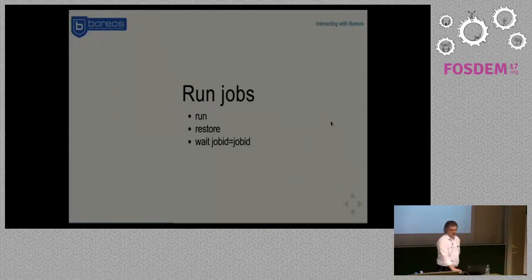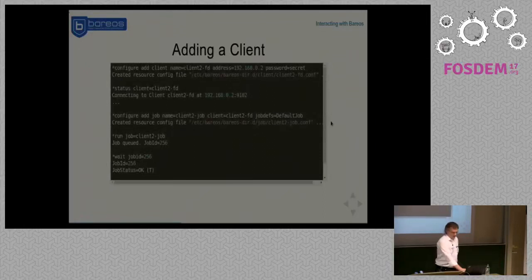A small example to put this together is, let's say you have already installed your client's file daemon on a new system and want to configure it on the director. You can use the configure add clients, give it a name, give it an address, and give it a password. This command will complain if you have missed some required parameters, or if you have put in invalid data.